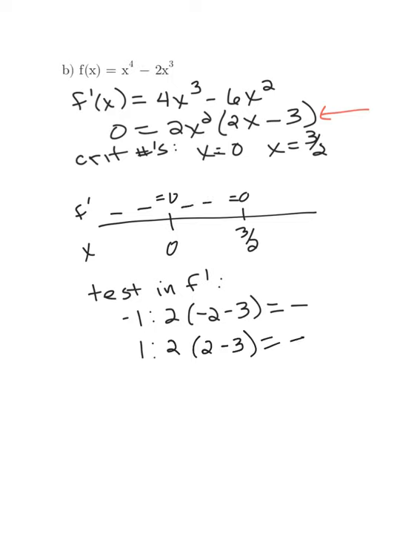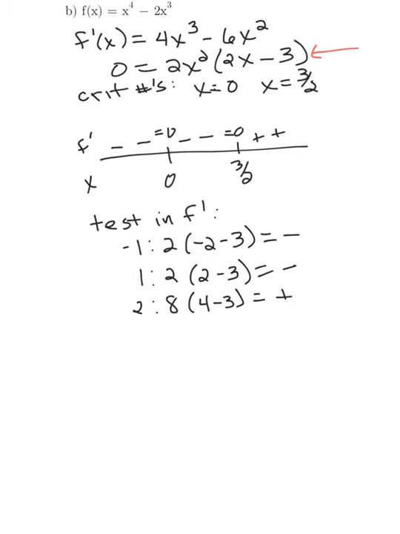So the items between 0 and 3/2 are also negative. To the right of 3/2, let's test 2. Putting 2 out front will give us 2 times 4, which is 8, times 4 minus 3. 8 times 1 is positive. So the right side of 3/2 will be positive.